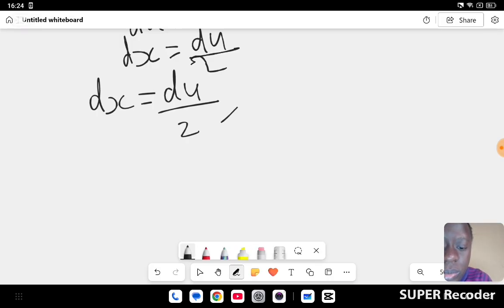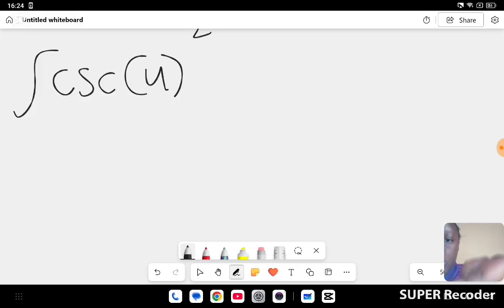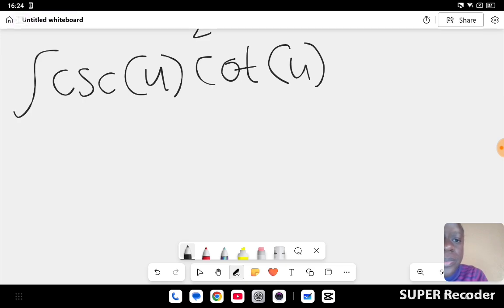So the integration of cosec u cot u multiplied by du divided by 2.